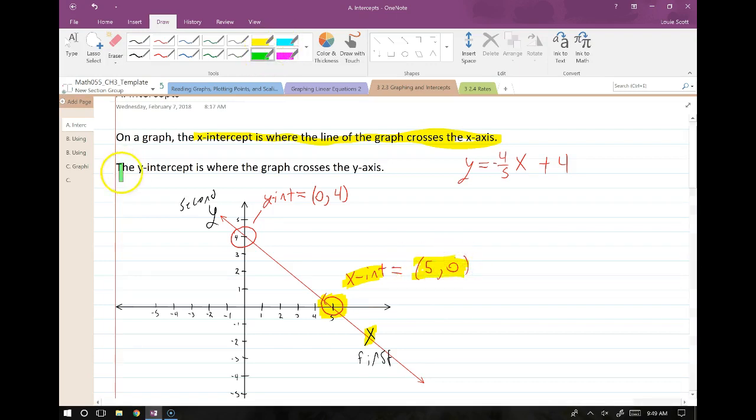All right, so the y-intercept is where the graph crosses the y-axis. I've highlighted that in green right up here. Right? And so you can see this is where the red line intersects the vertical axis. That's what's called the y-intercept. That point is (0, 4). Right? That means x is equal to 0 on the left side, y is equal to 4.